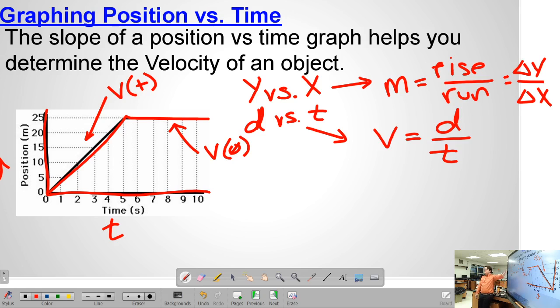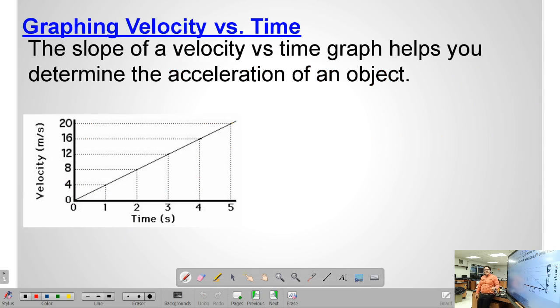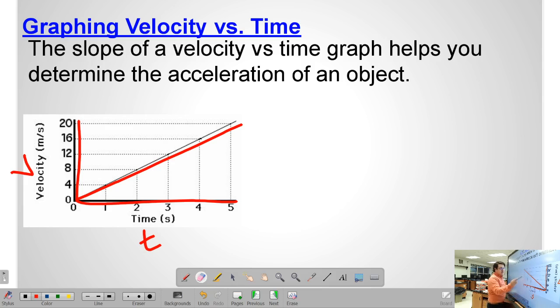Alright, any questions here? Hopefully that was all refresher, because now we're going to change the graph. Instead of a displacement versus time graph, we're now going to do a velocity versus time graph. Alright? So this graph is different. Different how? No. It's still a graph. We have time on the x, but we have velocity on the y.